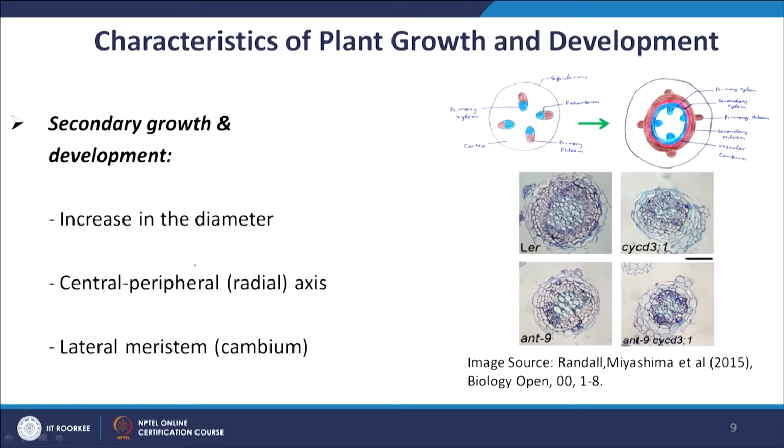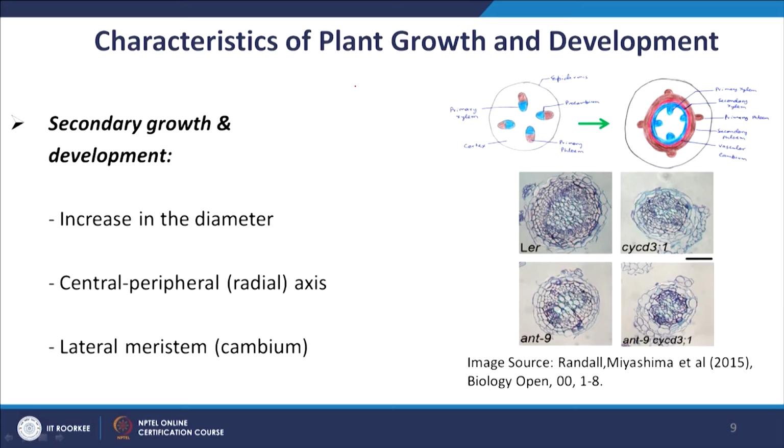But during primary growth, these meristems are not activated. The meristem is there, and the region has already been marked as the region which will undergo secondary growth. Secondary growth is a growth which occurs to increase the diameter of a growing plant. And as I said earlier, this happens in the central and peripheral radius.